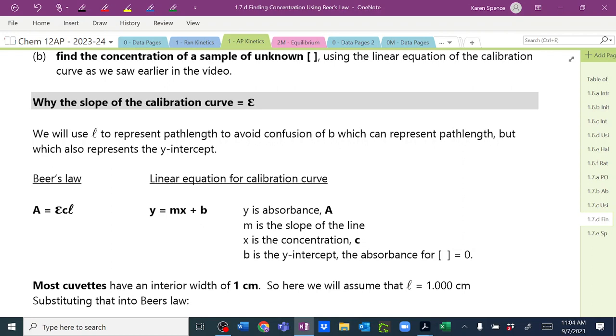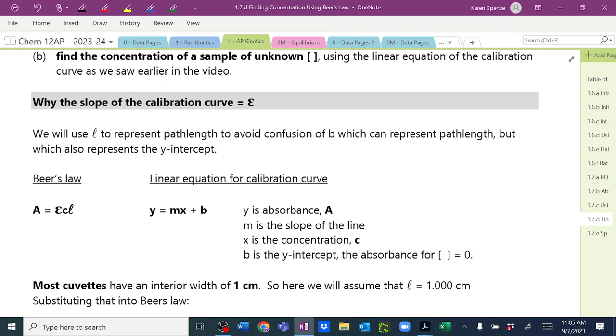And most cuvettes have an interior width of 1 centimeter. And usually the units of the molar absorptivity constant are given including a centimeter term. So it just kind of goes away because it's just 1.